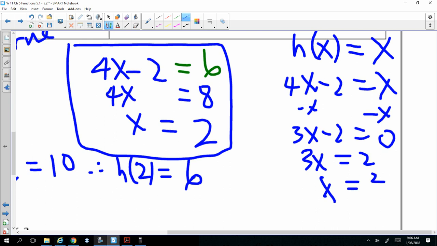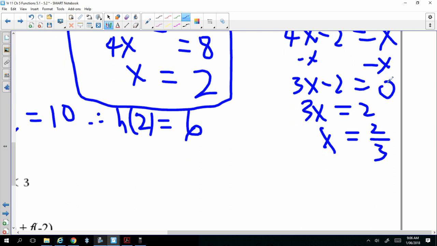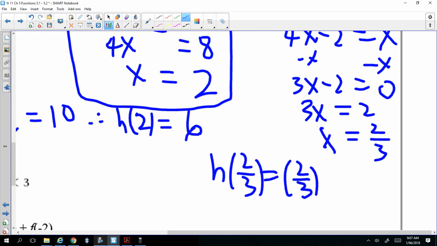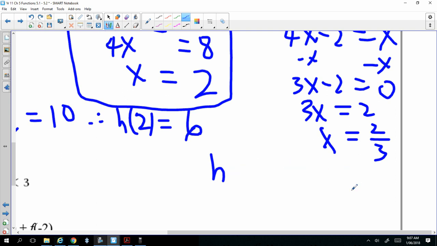Right? Now let's try it. Let's do h of 2/3. What's h of 2/3? 2/3 squared minus 3. Oh, no, not this one. Wrong formula. It's 4 times 2/3 minus 2. Let's do that on a calculator.